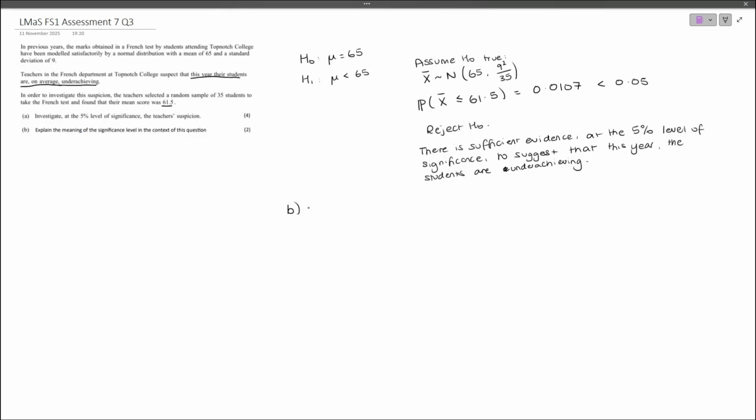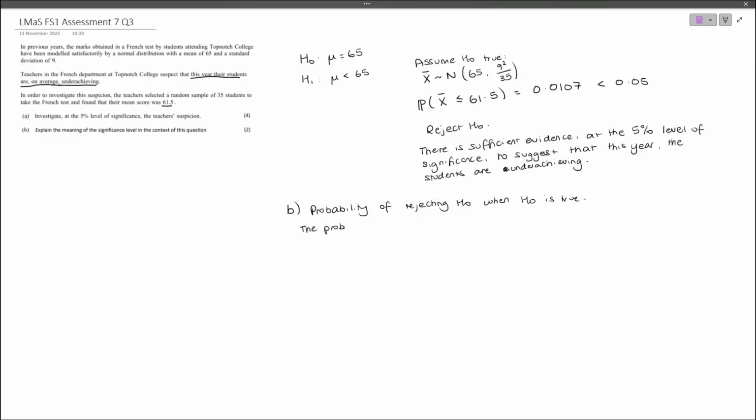So the significance level is the probability of rejecting the null hypothesis when the null hypothesis is true. So we're going to put this into context.